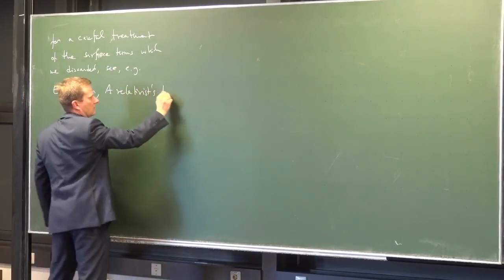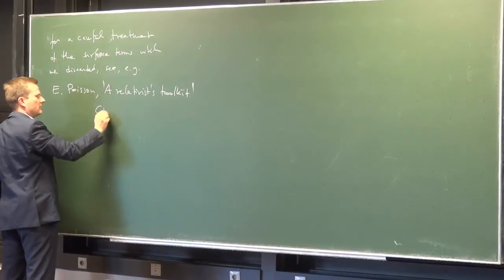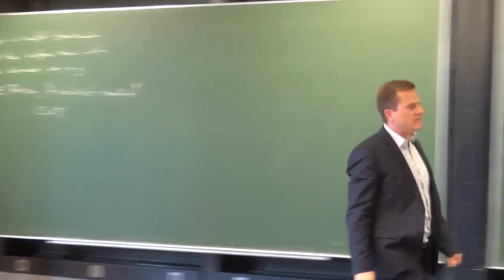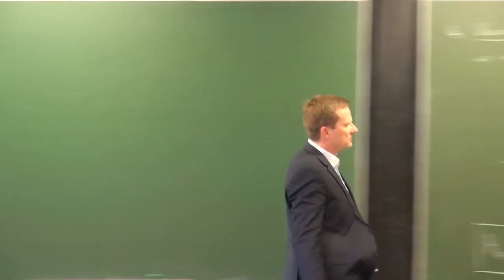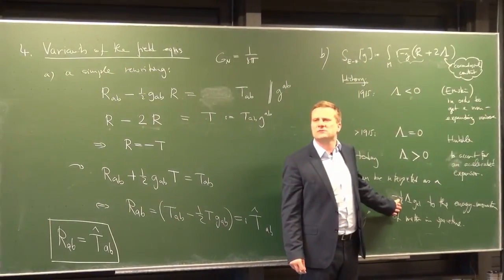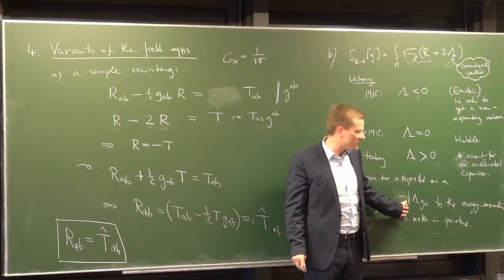Excellent book. It's, I think, Cambridge University Press. But the point is, this is at the level of the equations of motion where you identify this, so it couldn't come from the surface terms. The surface terms are the action level. This is the level of the equations of motion.